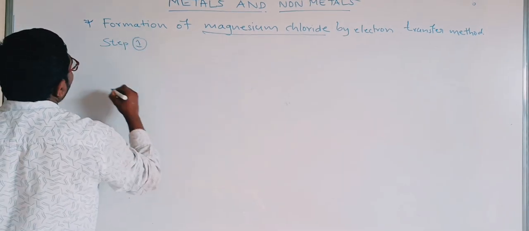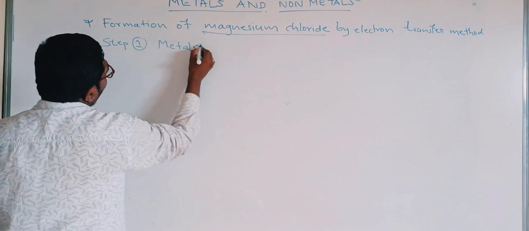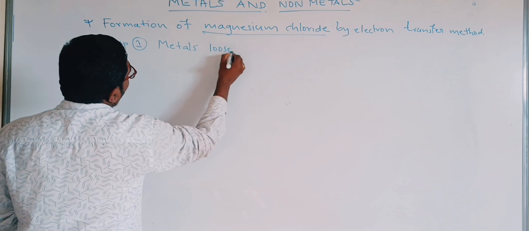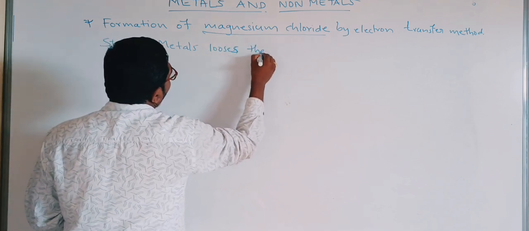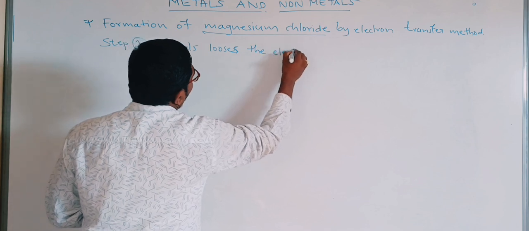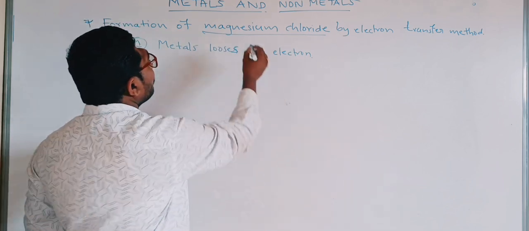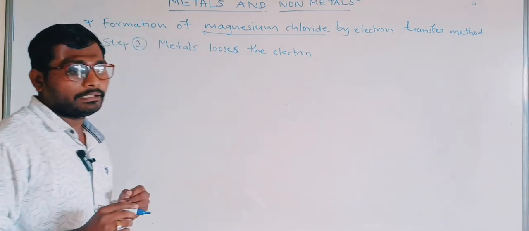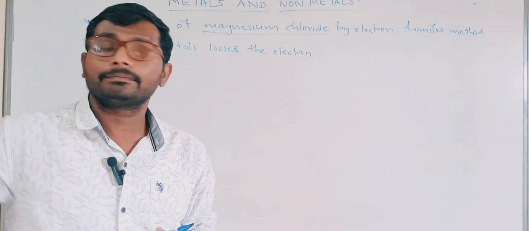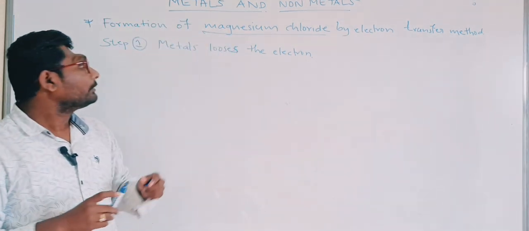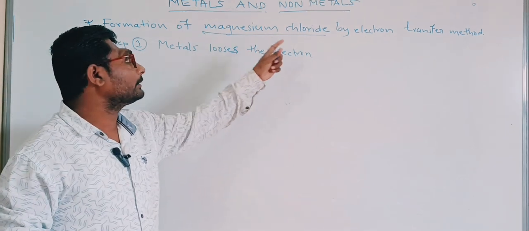Step one: metals lose the electron. Before that, we need to know which one is the metal and which one is the non-metal.